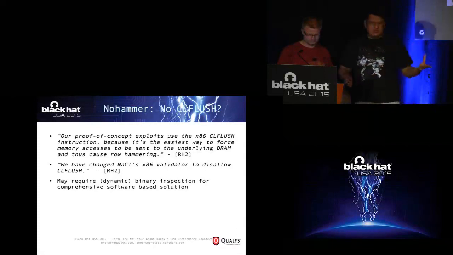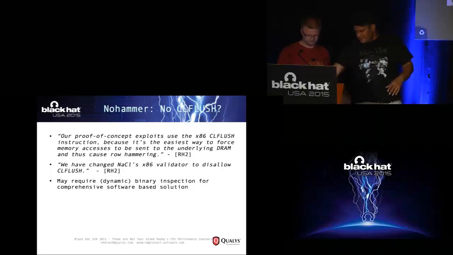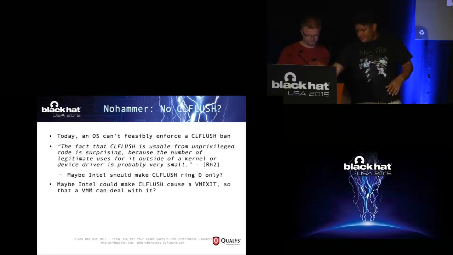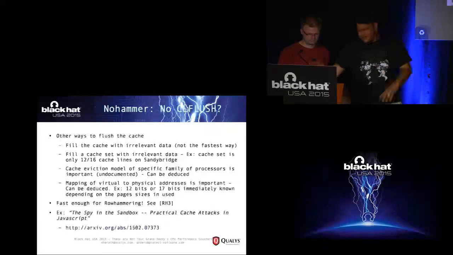CLFLUSH is an instruction on the x86 or x64 architecture that allows you to do this, and the thing is that CLFLUSH is not necessarily needed. So the solution which works with CLFLUSH is not really that useful in the greater sense, because you can work around it. And these are some of the other ways that you can flush the cache.